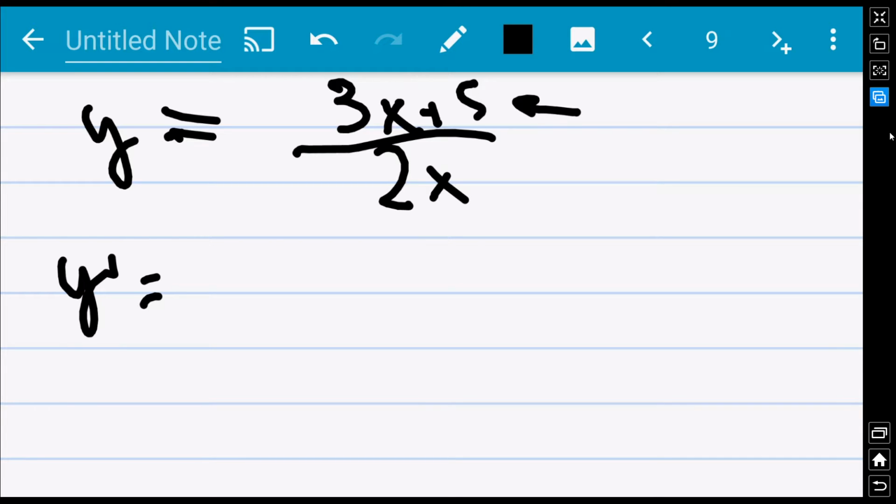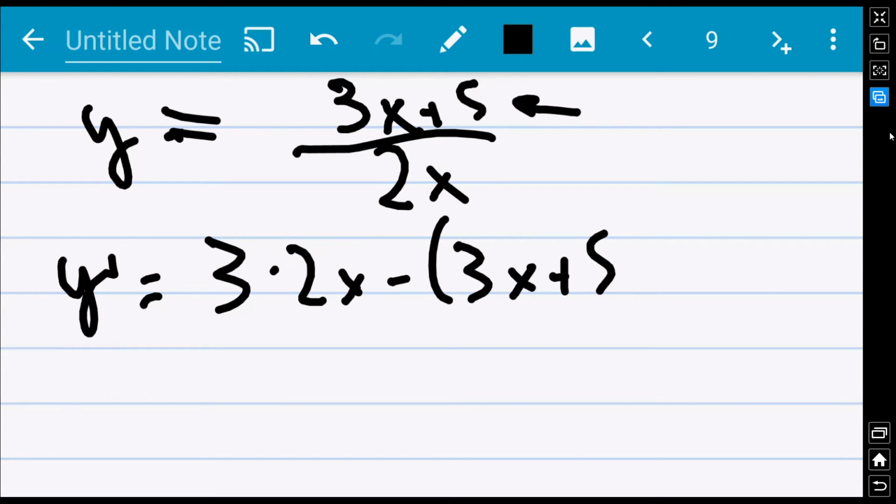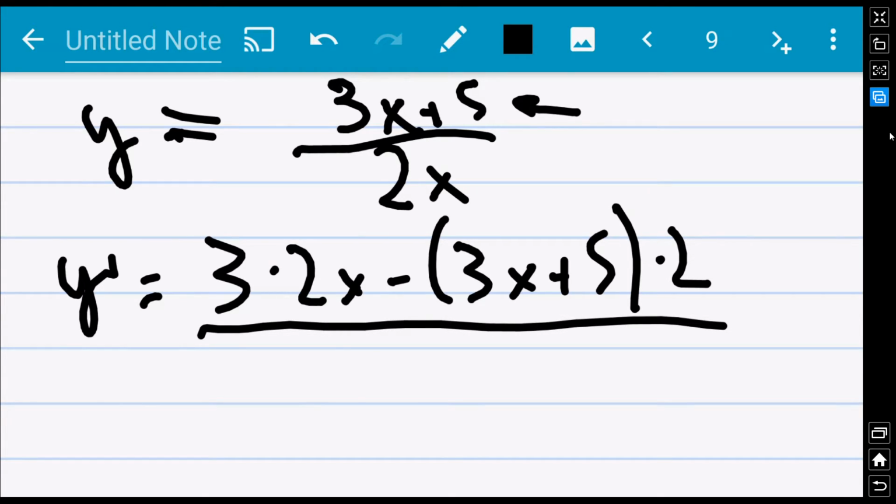The derivative is just going to be 3 times 2x, because it's the bottom, minus, and now we just put in the top, 3x plus 5, times what's the derivative of 2x? Just 2, all over 2x squared, which is actually 4x squared.